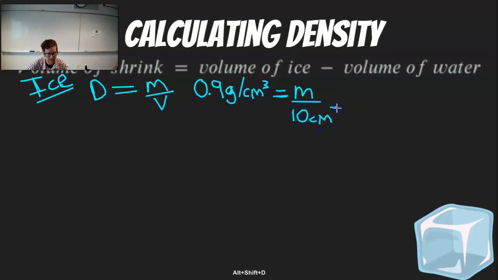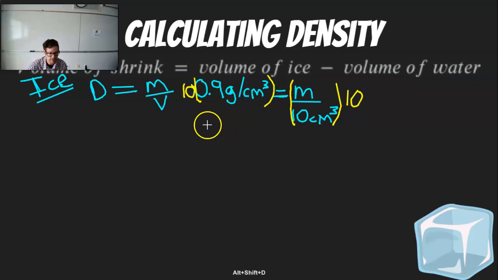So we need to solve for the mass here. So let's do so in a different color because that's fun. And pick some yellow. To do that, we're just going to multiply both sides by 10.